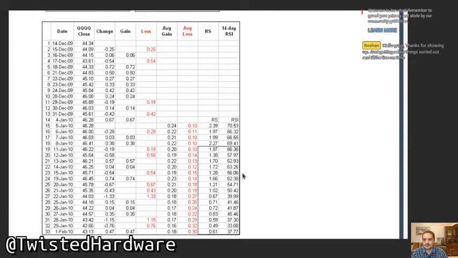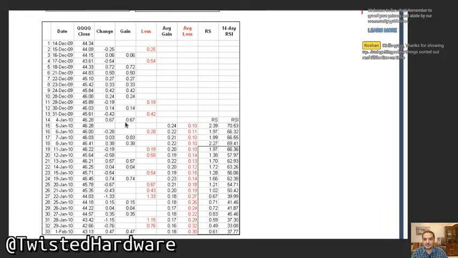Here it's visualized just in Excel. The first 14 days you cannot really calculate RSI because you don't have enough data yet, but on the 15th day, we take the average gains, so the days where the stock went up, and we average these numbers. If we average these numbers, we get 0.24.